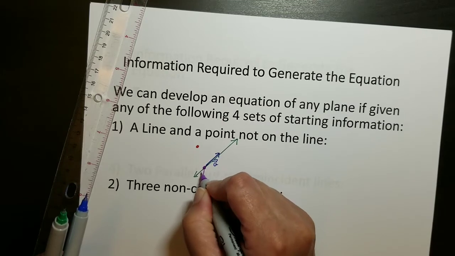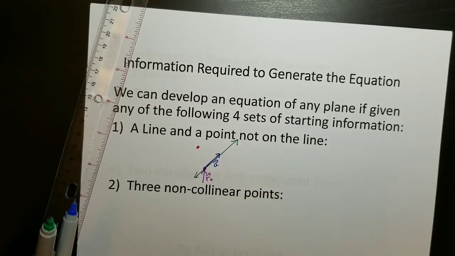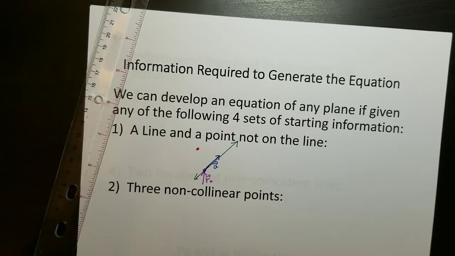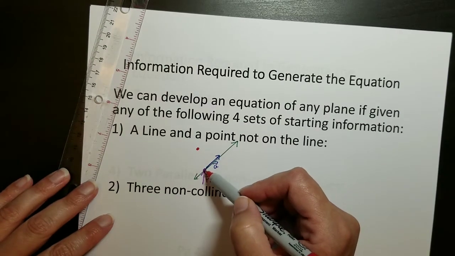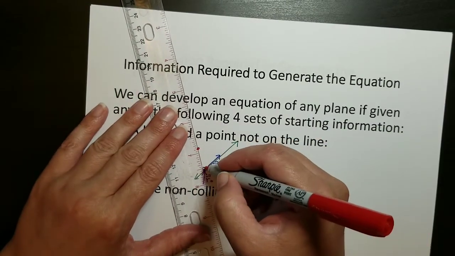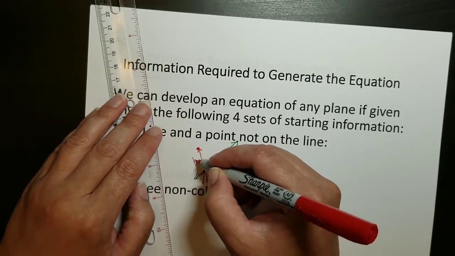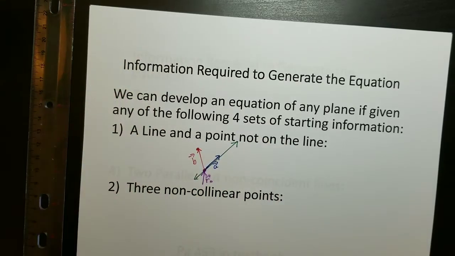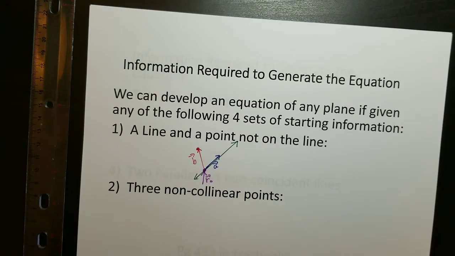I already have a point, so I have a vector going from the origin, an R naught. And then I just need one more direction vector. I know this point that's on the line and I know the other point, so I'm going to connect those and make that my second direction vector. So I would find my second direction vector using the point that's on the line and the other point that you're given.